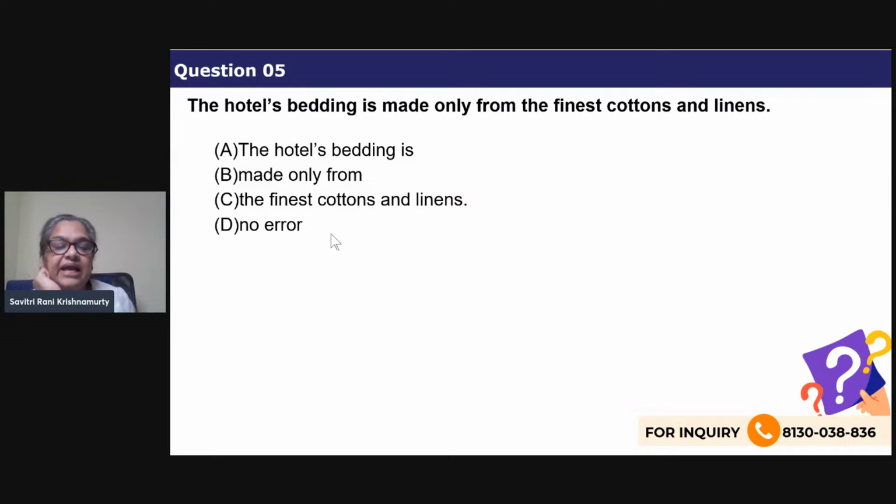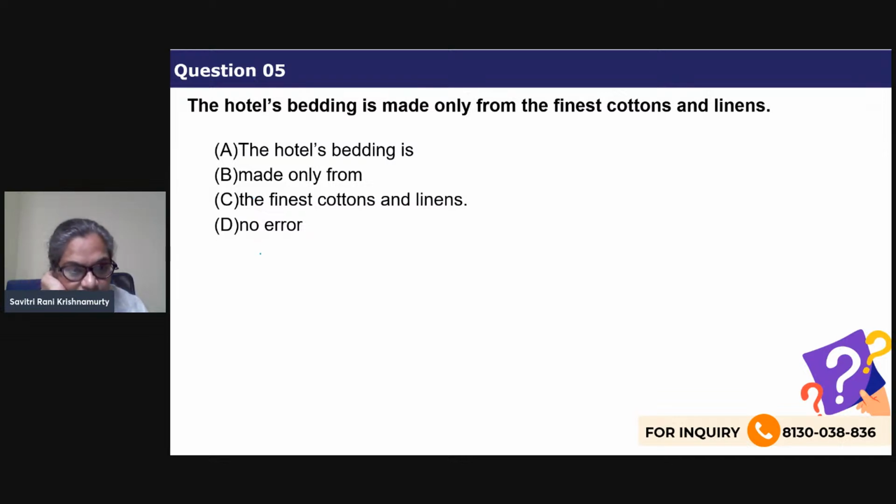Which part? So you say A, B, C, or D. I'm glad you're also explaining. What should it be? There are many who are saying D. There are many who are saying one part of the sentence is the error. What should the corrected sentence be if D is not the correct answer?